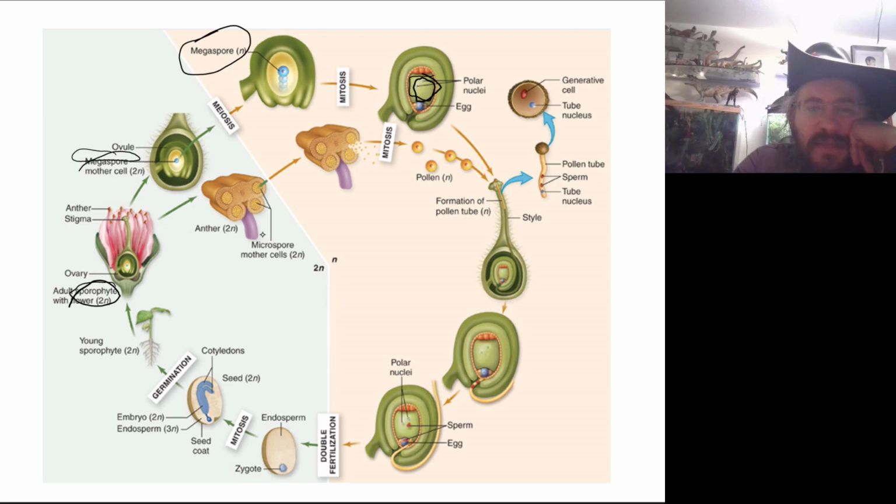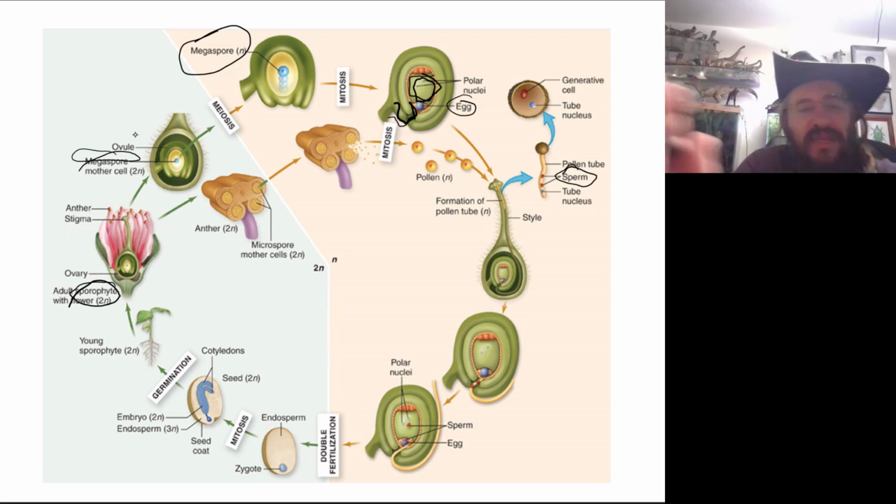Anyway, so you can see 2 layers of integument. There's our egg. I'm trying to go basic here. Megaspore, egg, right? Then you have pollen and sperm, and the sperm fertilizes the egg, and we get our seed and our embryo, and the embryo grows a new sporophyte, and there you go. And then we just need to add our specific stuff in here.